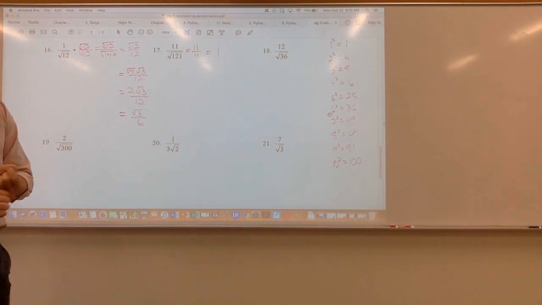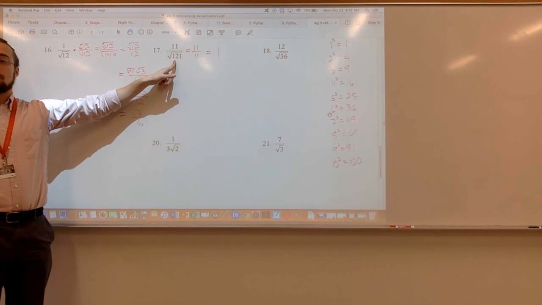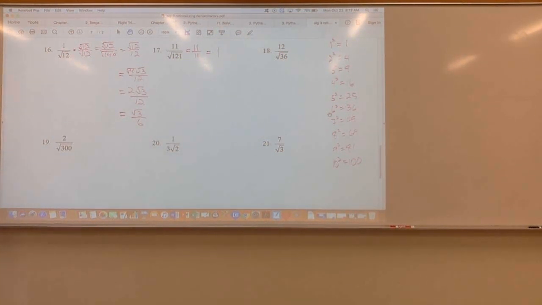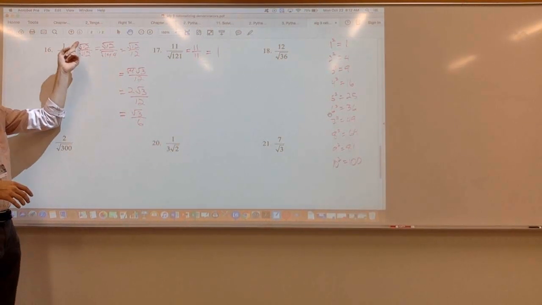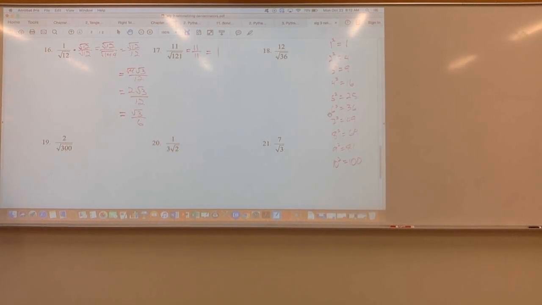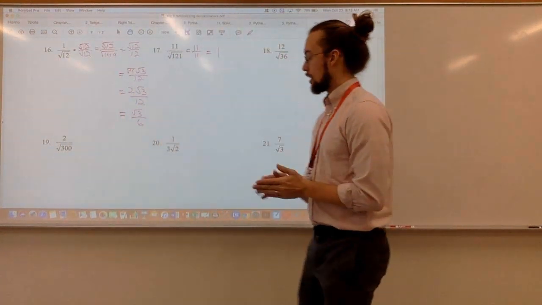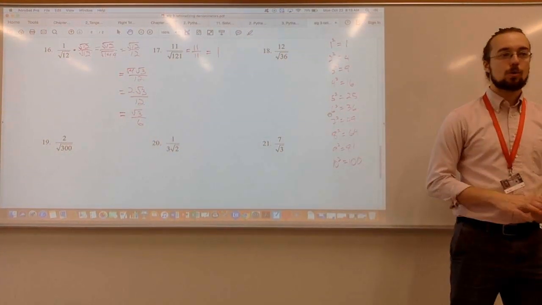Whenever we see a radical in a denominator, we can check to see if it's a perfect square. That's possible, which would make our simplifying a lot easier. But if it's not, we would need to multiply both the numerator and denominator by that root, and then try to simplify after that. All right, any questions?